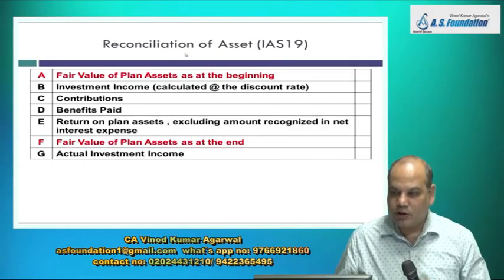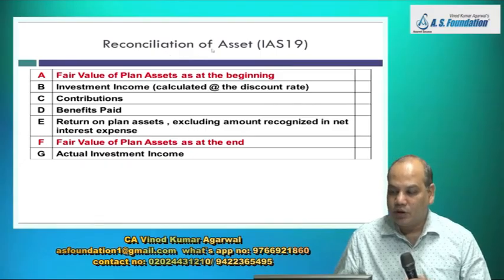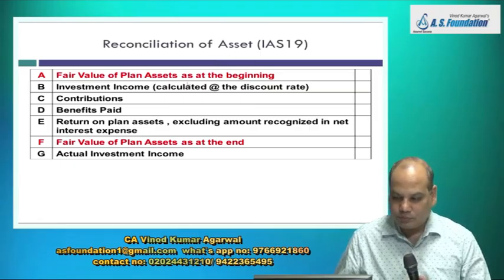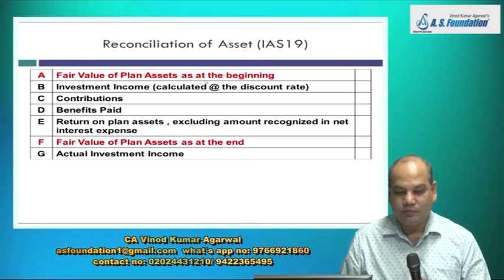And then there is another disclosure requirement, reconciliation of asset, reconciliation of plan asset. So write down point number A, fair value of plan asset as at the beginning.